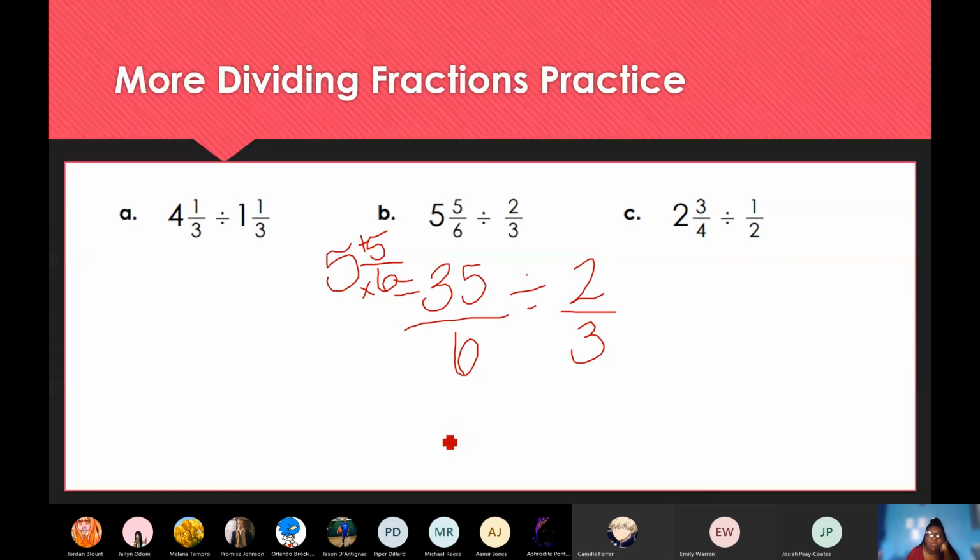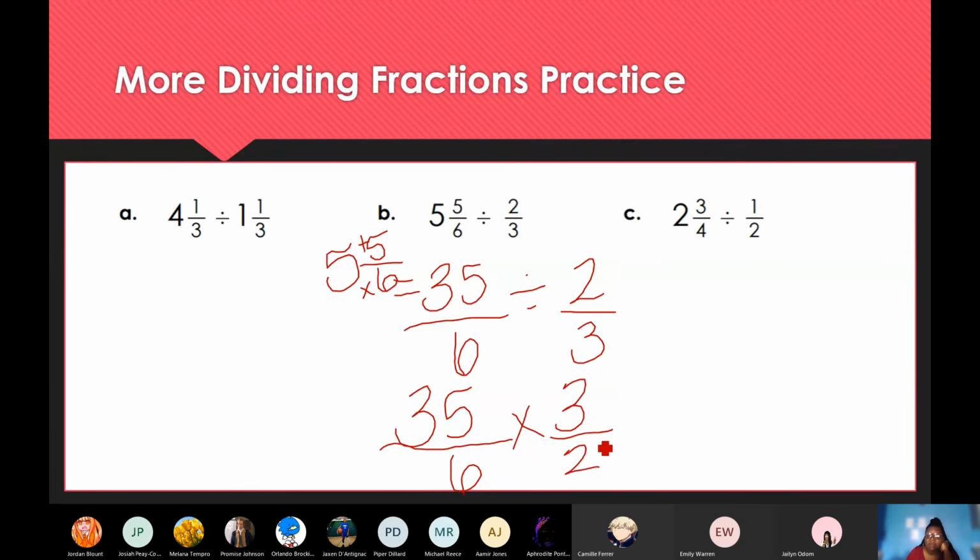Jalen, what does it mean to find the reciprocal? To flip the fraction. That second fraction. So now we've got 3 over 2, 3 halves.